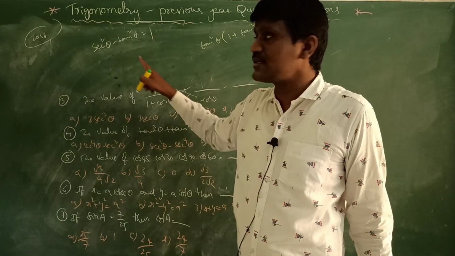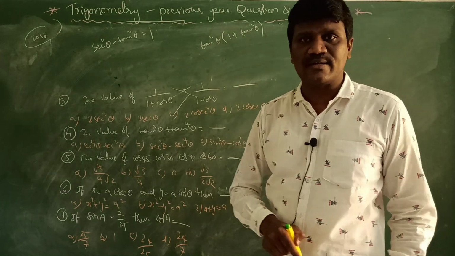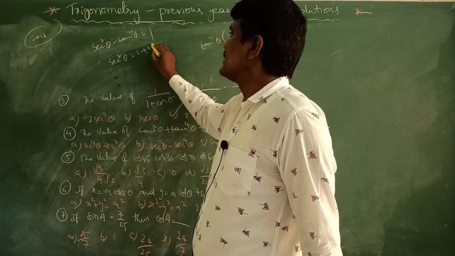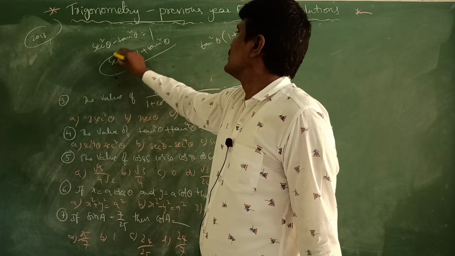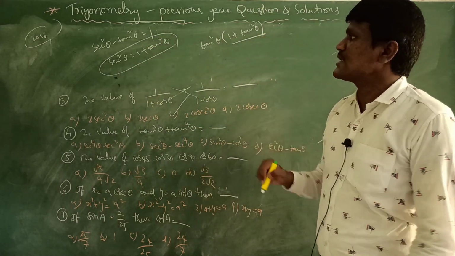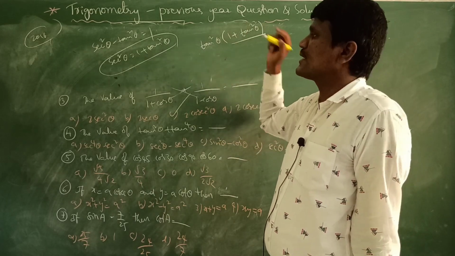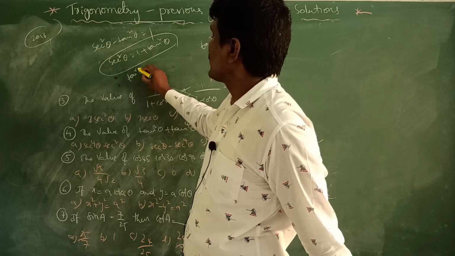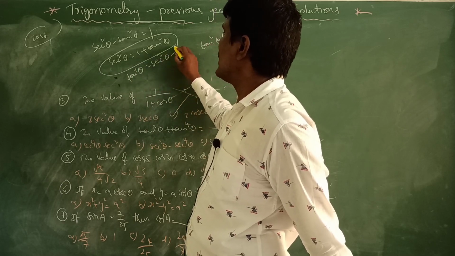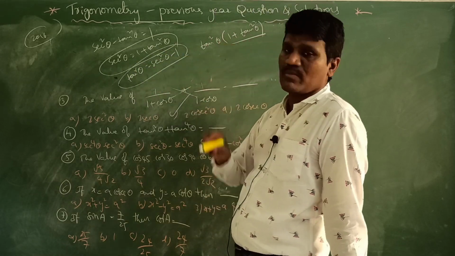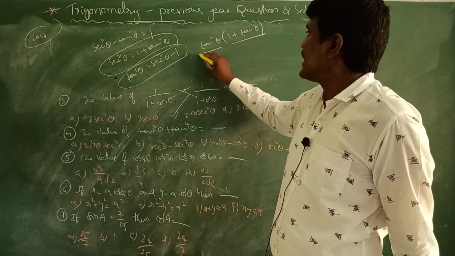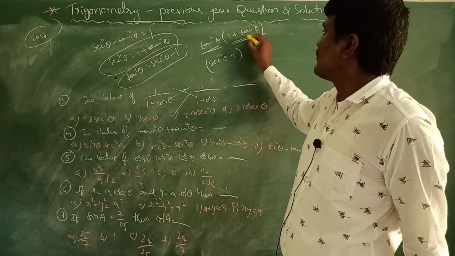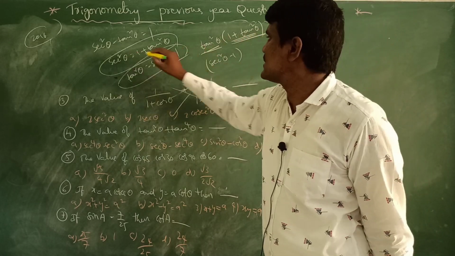You need to convert tan into secant square theta. So secant square theta is equal to 1 plus tan square theta. So wherever 1 plus tan square theta is there, you substitute secant square theta, and tan square theta is nothing but, what can I write? Sec square theta minus 1. So I should use two formulas here. One is tan square theta is nothing but secant square theta minus 1, and 1 plus tan square theta is nothing but secant square theta.